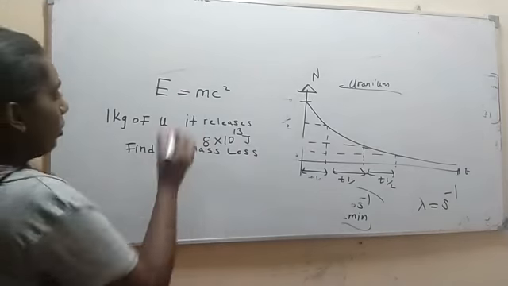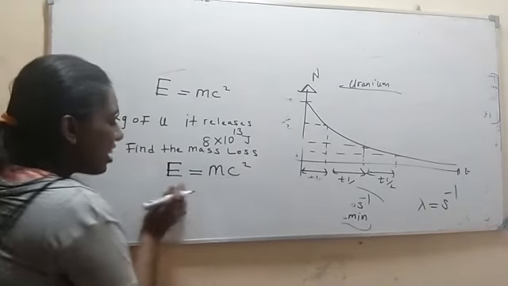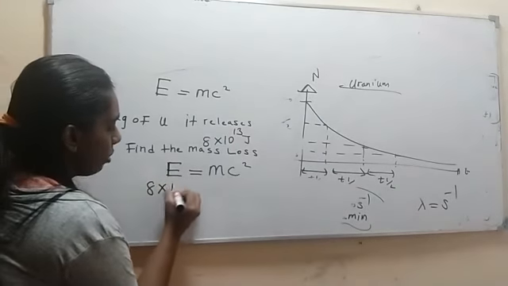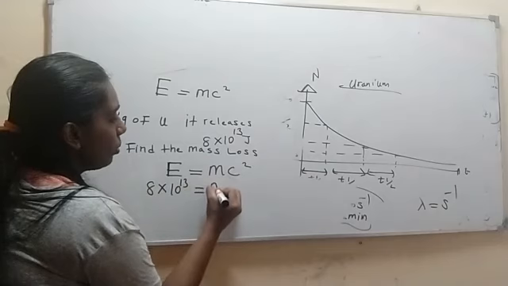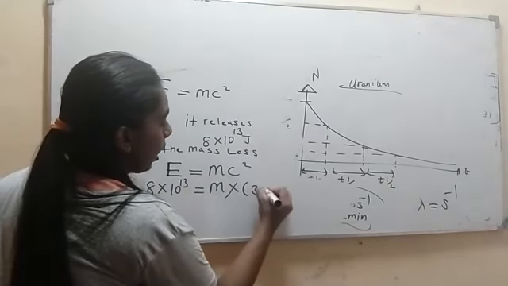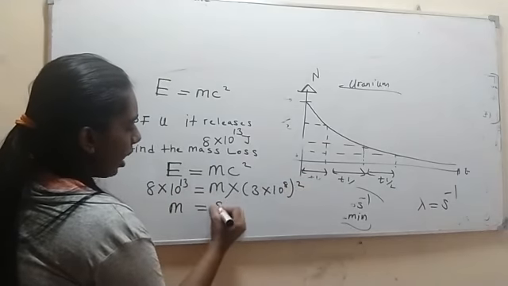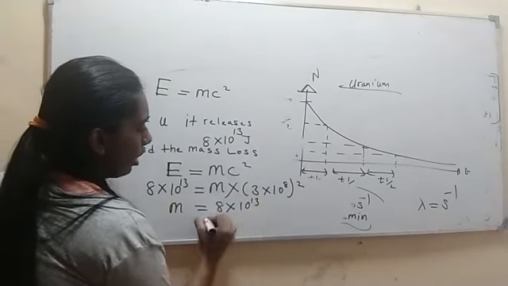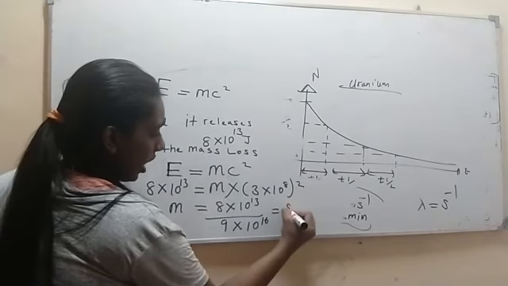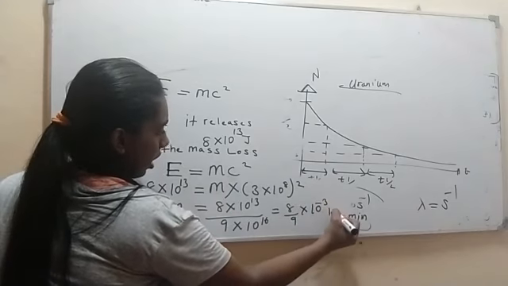That means now I'm going to use the equation E is equal to mc squared. This E is the energy released, which is 8 into 10 to the power 13 joules. M into C squared, where C is the speed of light in air, which is 3 into 10 to the power 8, whole squared. Therefore, M I can calculate as 8 into 10 to the power 13 over 9 into 10 to the power 16, that is 8 over 9 into 10 to the power minus 3 kg.